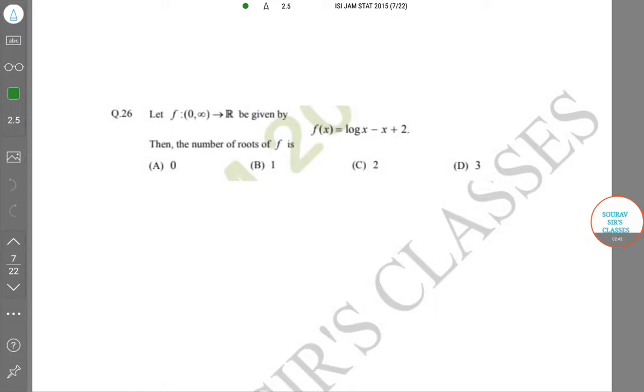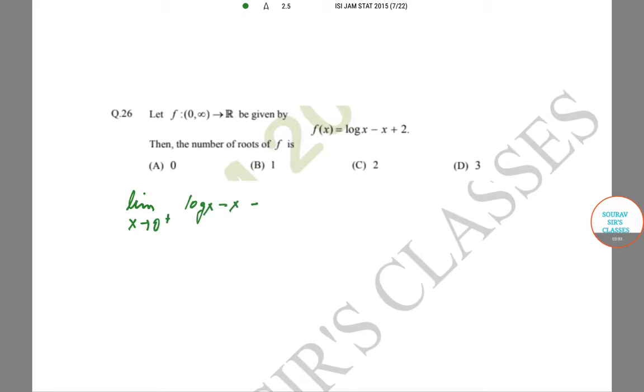Let f from (0, infinity) to R be given by f(x) equal to log x minus x plus 2. Then the number of roots of f is: now, limit x going to 0 plus of log x minus x plus 2 is equal to minus infinity, because as x goes to 0, log x goes to minus infinity and minus x also goes to minus infinity.